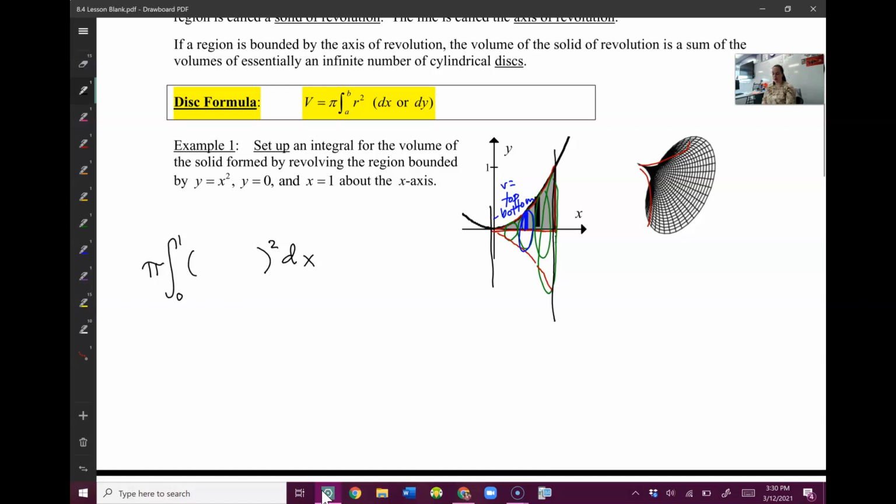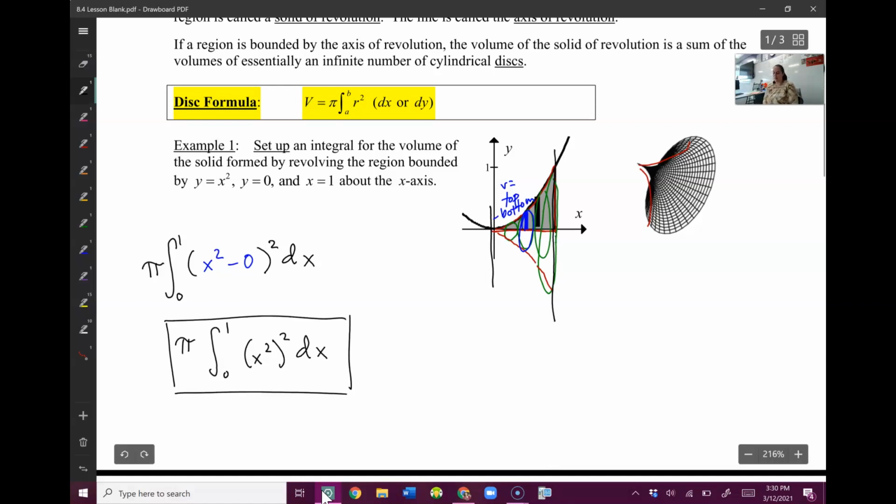And our r is this equation right here, x squared minus the axis, which is just 0. So the volume of this funnel kind of thing is going to be the integral of pi times x squared squared dx. And we don't have to calculate it because it just says set up. But solving that integral would give you the volume of this object.